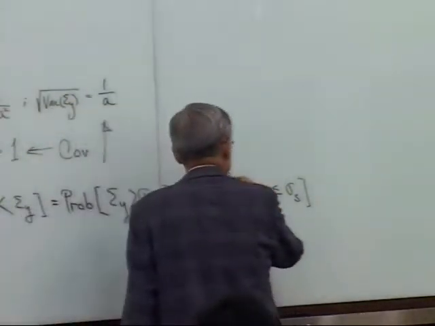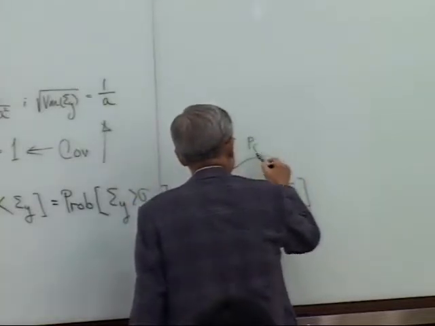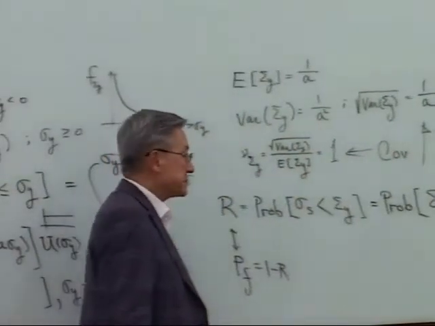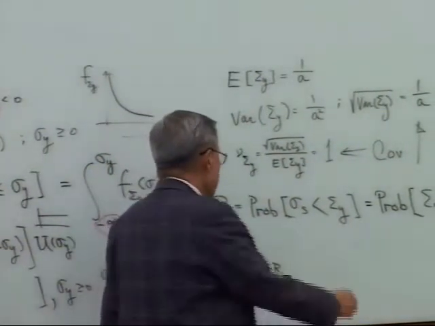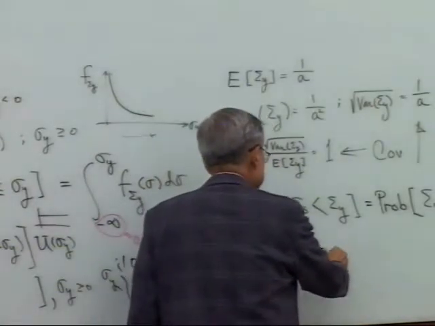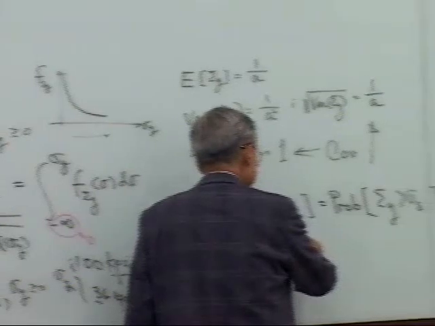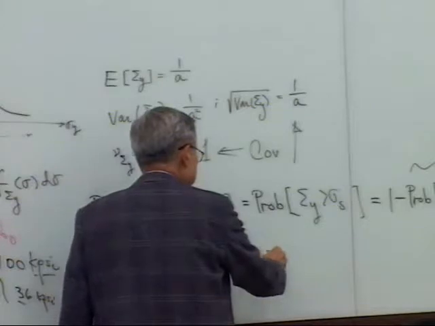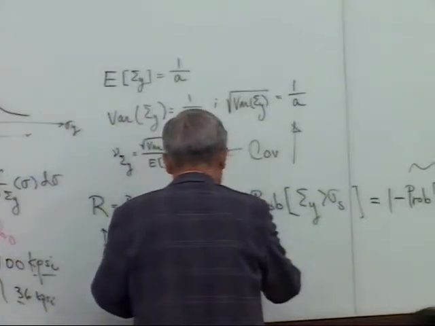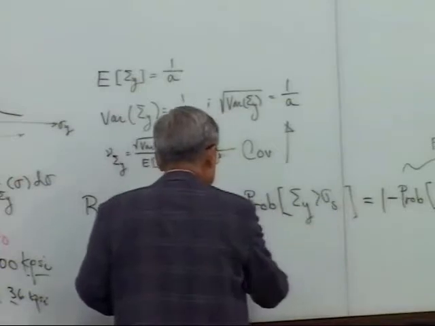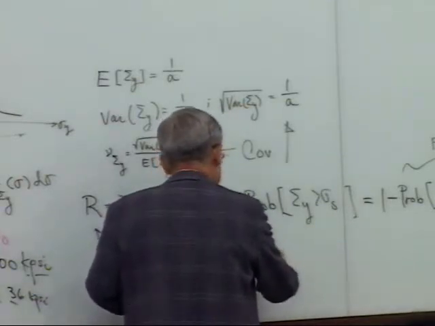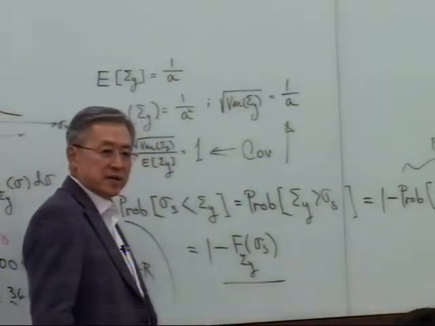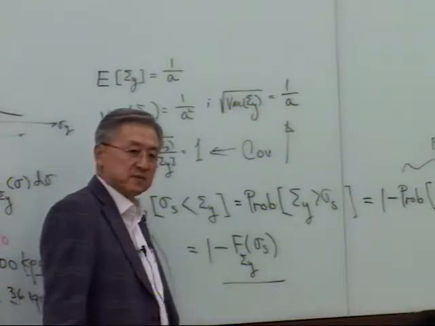So this is the probability of failure. They always complement each other. Which means R is equal to 1 minus the PF, and this is the yield sigma s. Sigma s is a given value.